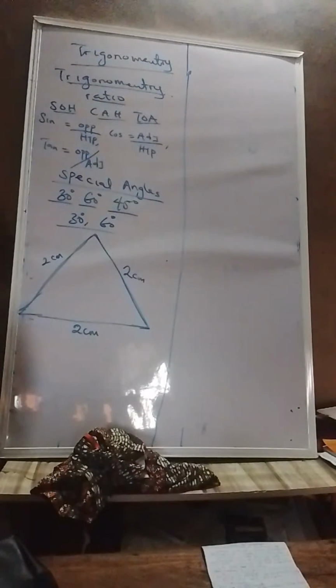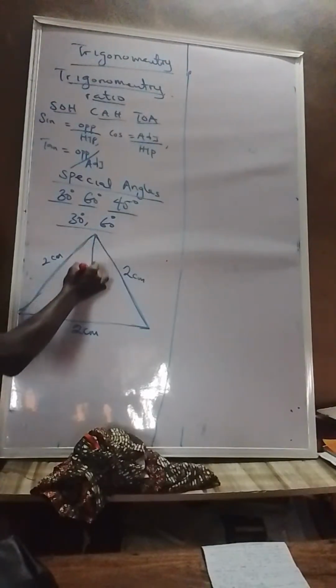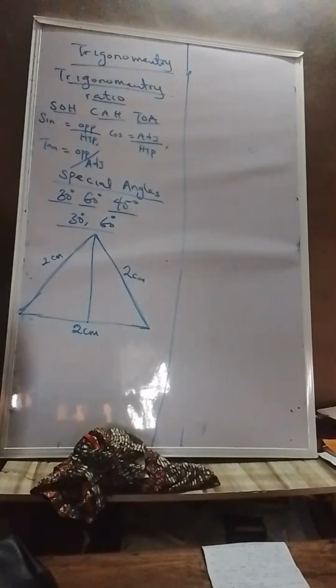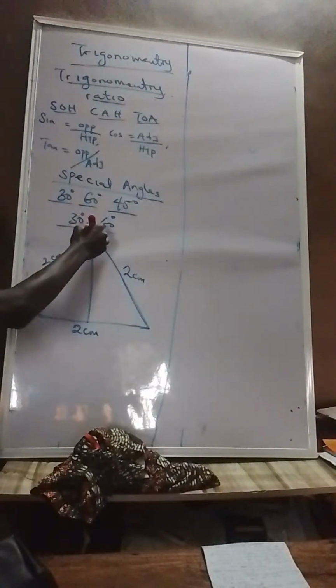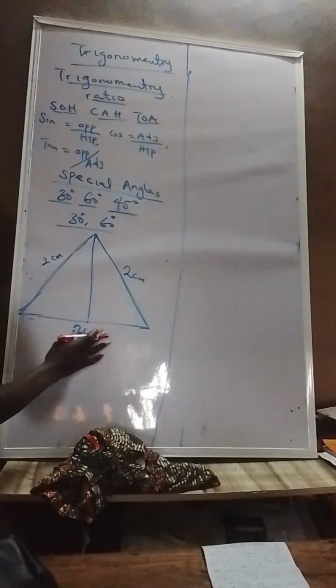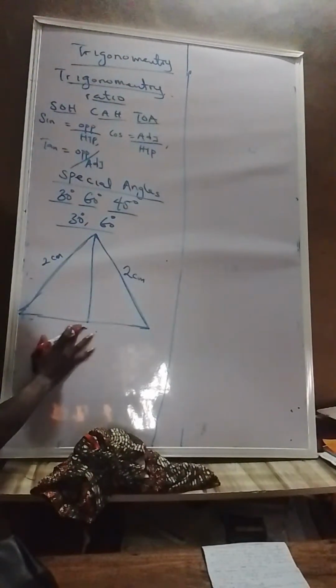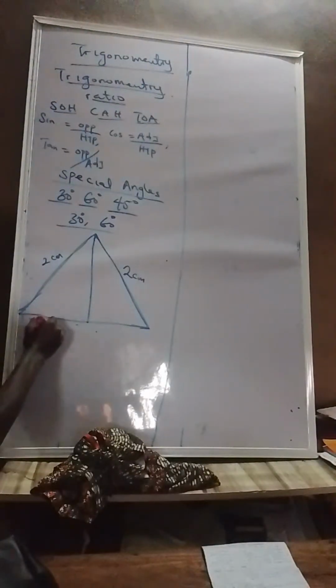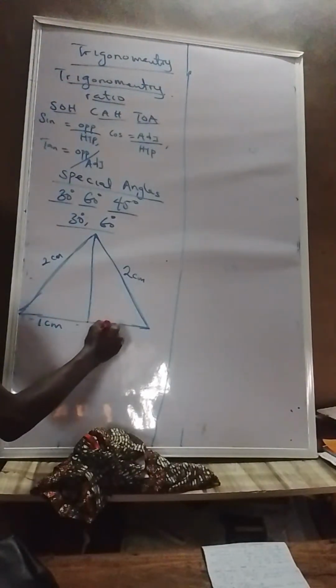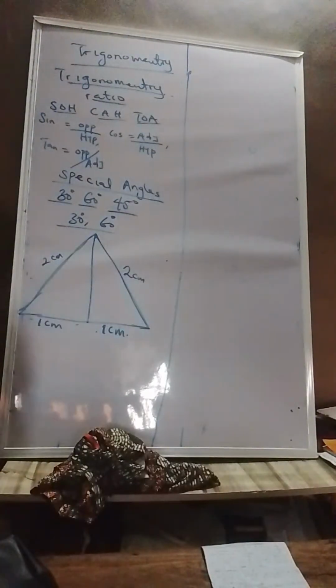Then, if you now take note, you will divide the triangle into 2. So these 2 here will be 1 centimeter and 1 centimeter.